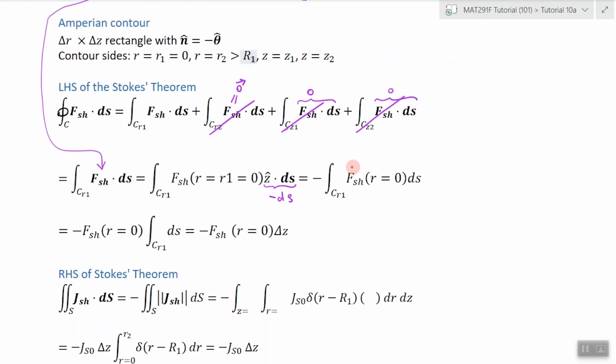Next thing I did is I took this and I shifted it out of the integral. Now it's really important why we are allowed to do this, and the reason why is because anywhere on CR1, this quantity is constant, because r equals 0 is just a constant, right?